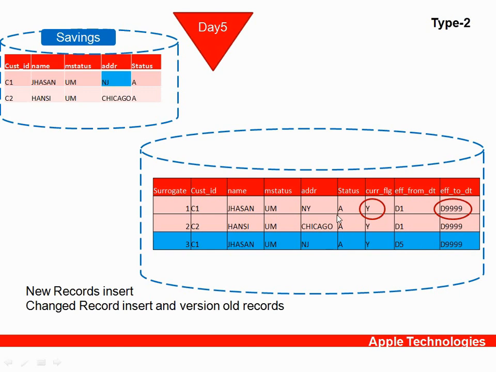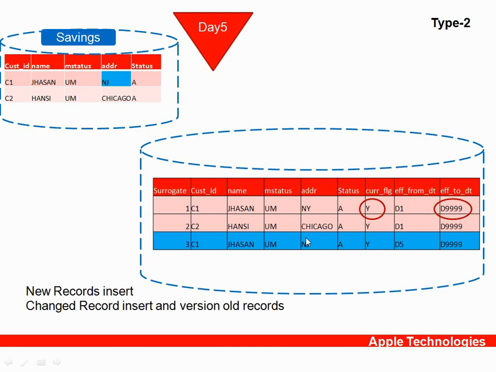But when you keep the data like this, what is the problem now? Y indicates the latest record. We have Y here, and we have a high date here also, and the previous record also has Y and the high date. But this record is no longer the latest record, because she stayed in New York from day 1 to day 4 only, since she moved to New Jersey on day 5.